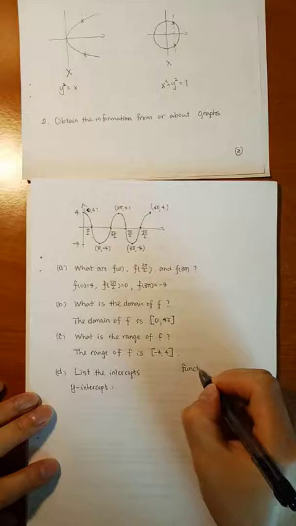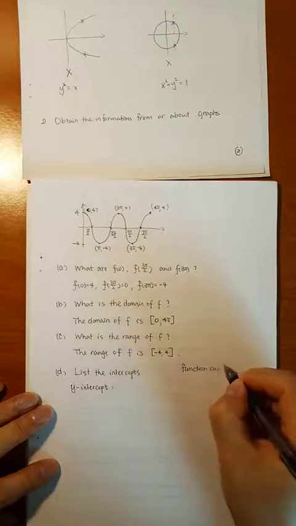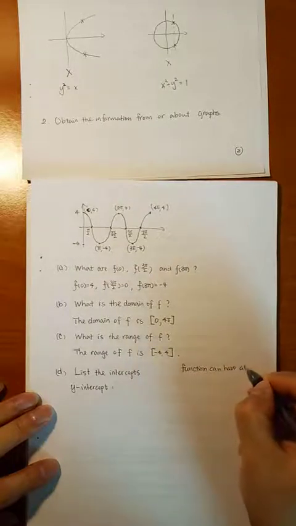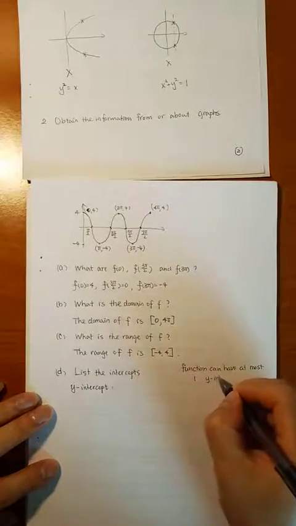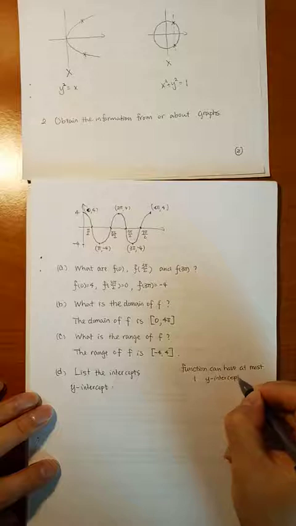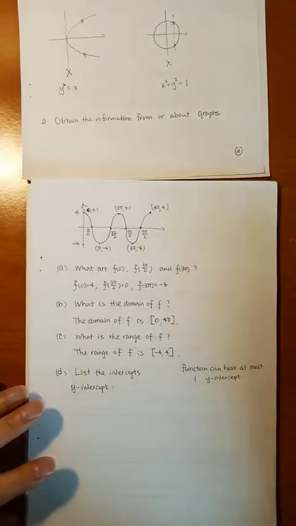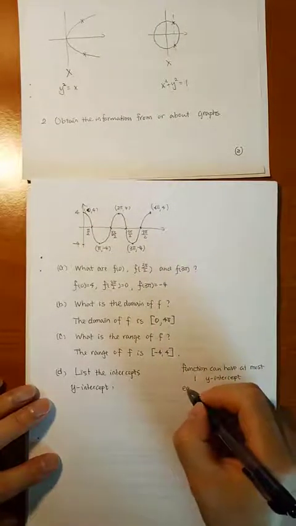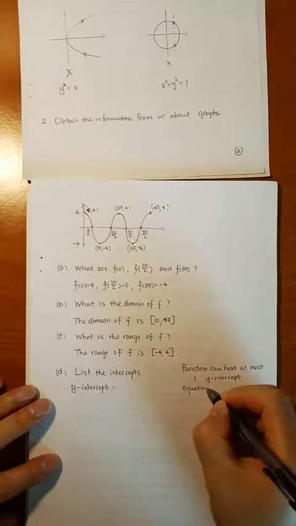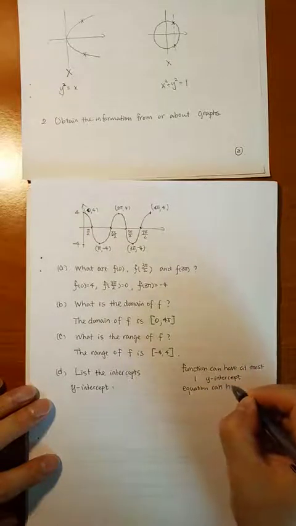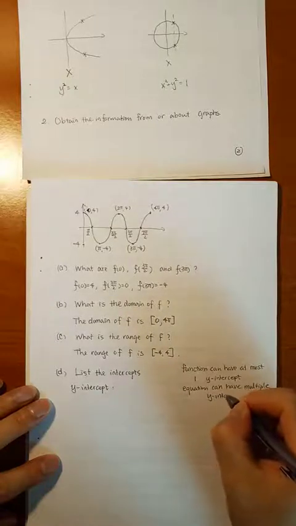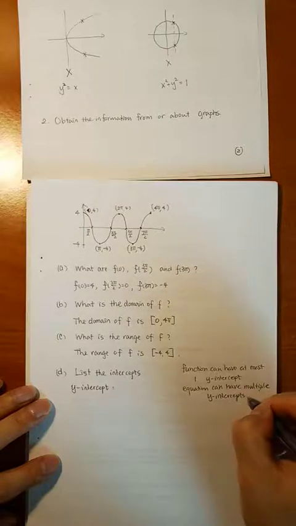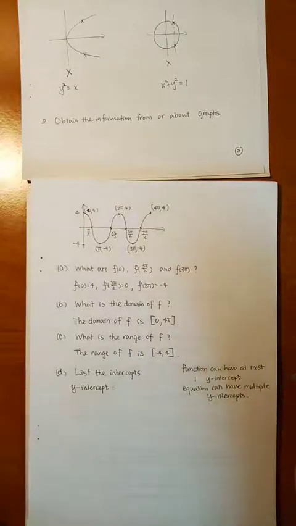A function can have at most one y-intercept, because the y-intercept is f(0). f(0) has only one value, but an equation can have multiple y-intercepts.